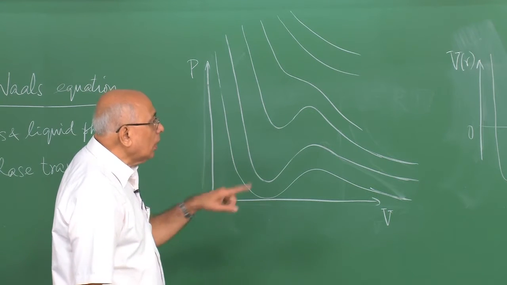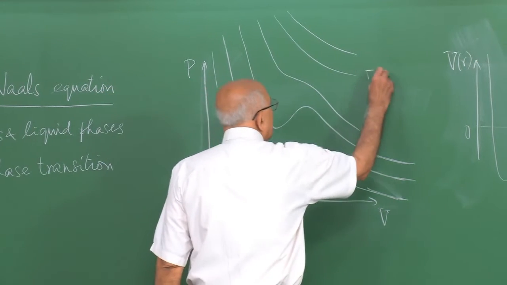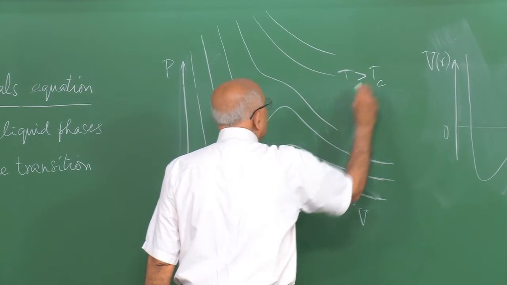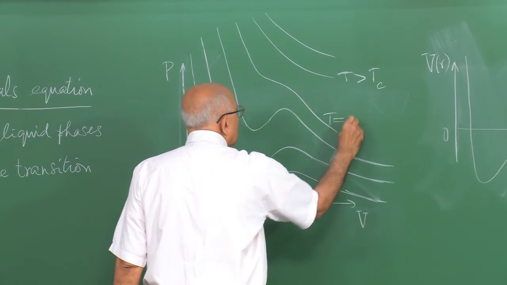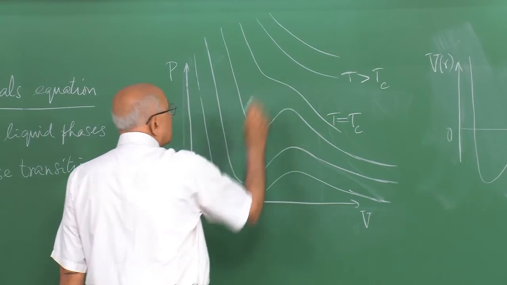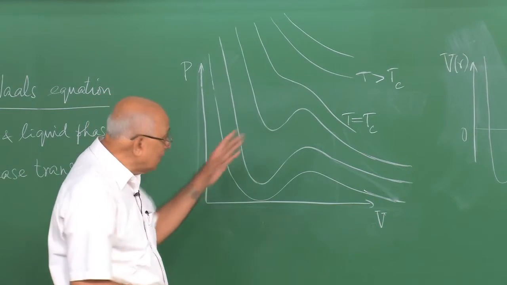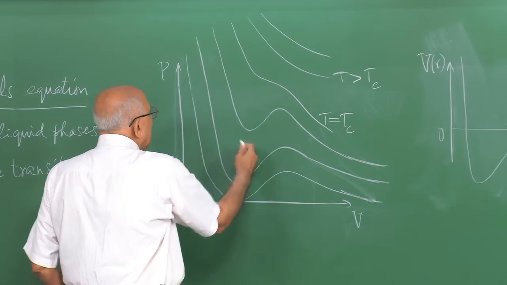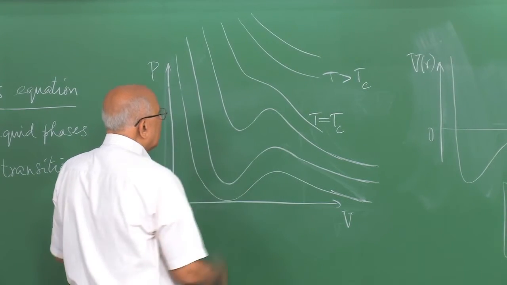So for T greater than a certain critical temperature Tc, this is the isotherm at T equal to Tc, the so called critical isotherm, and we will see what that means, and below that the curve has a minimum and a maximum.